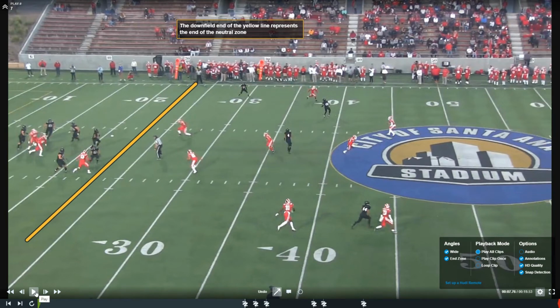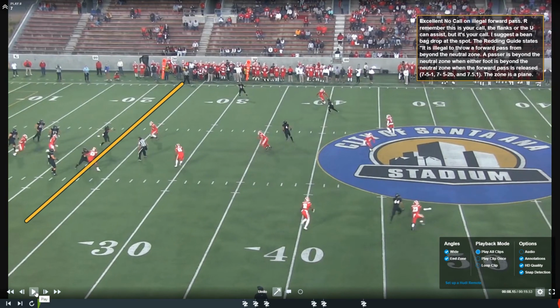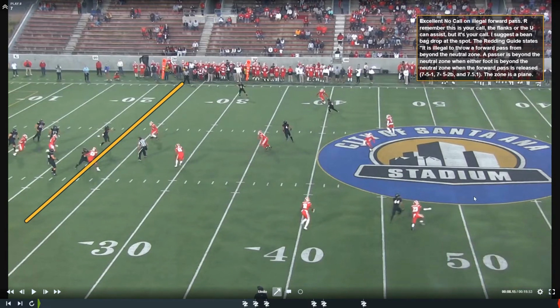So there's the line of scrimmage. Okay, so excellent no call, right? That quarterback has to be completely over the line of scrimmage for this to be a foul.